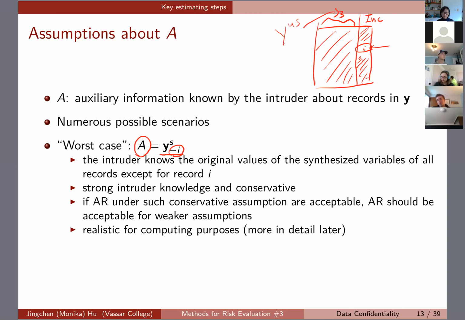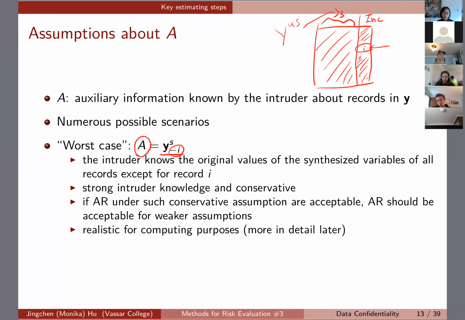It is strong but also conservative. Similar to what I was saying earlier, if the attribute disclosure risks under such conservative and strong assumptions are acceptable, then under any weaker assumptions, the attribute disclosure risk should be acceptable as well. Also, making this strong assumption means the computing will be much more easily done later.